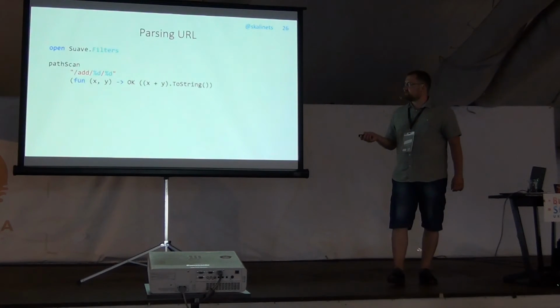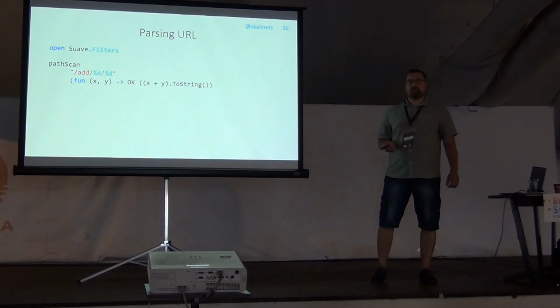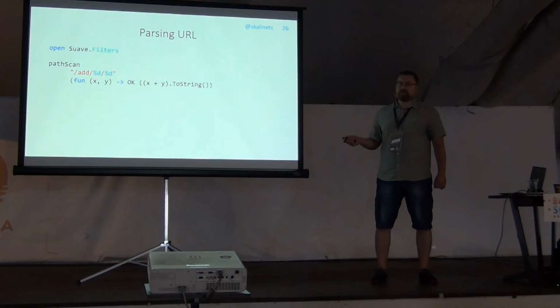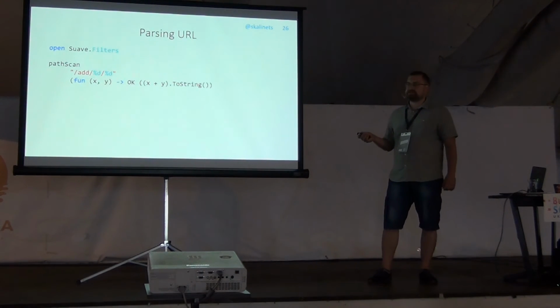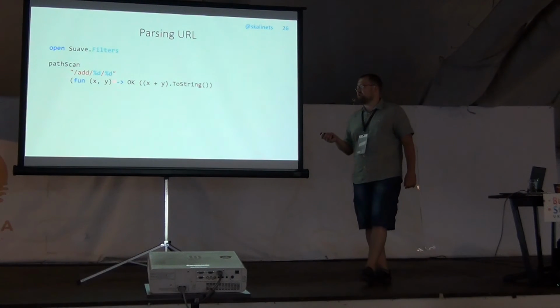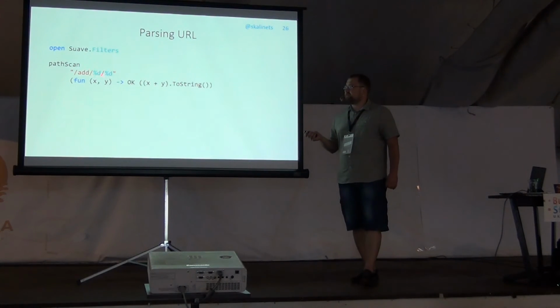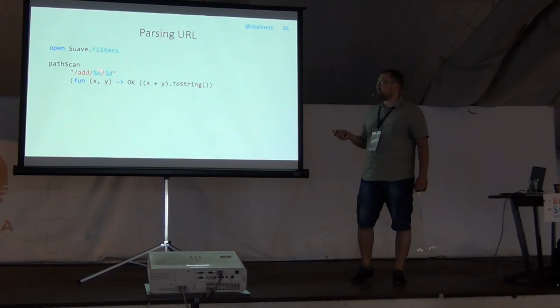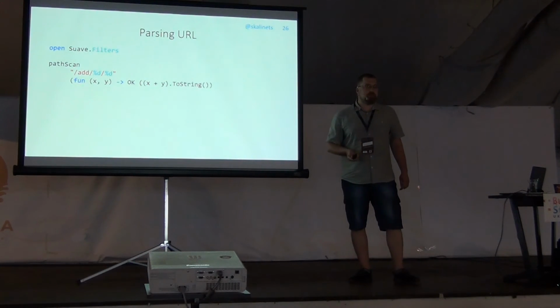It just takes the format string and these special characters, in this case, these formats are for int. So if this string will match, in this case, the first int will be bound to the x, the second will be bound to the y. And we will return this function that basically returns the sum of the x and y.